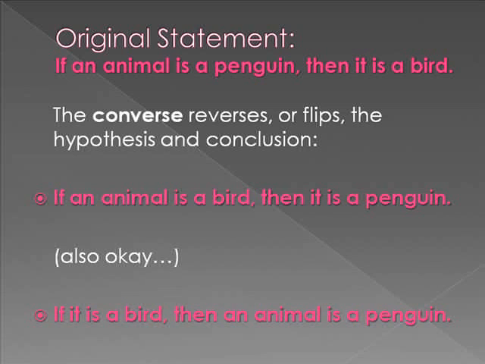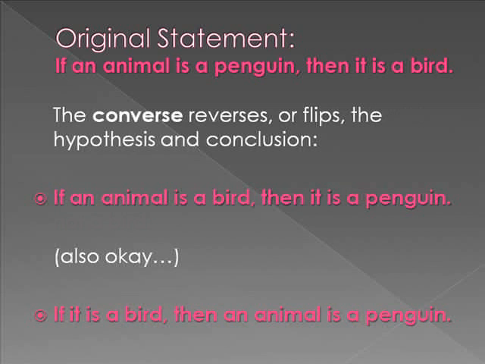As long as you know that you're switching the first part and the second part, you have a converse right there and everything's fine. But if you're ever taking a test, and it says, what's the hypothesis? Then you should know that it's the statement, an animal is a penguin.